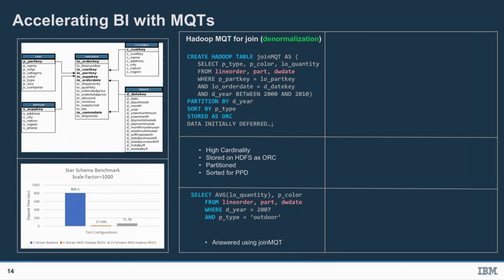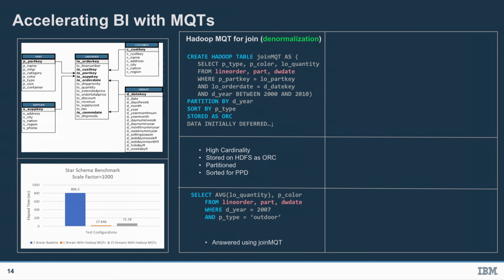So for a query like the one at the bottom, when the optimizer knows that it has that Hadoop MQT already created, it will run pretty fast. In the from clause, we see that the join is over the same tables. So the optimizer will see, OK, I can use the materialized view.